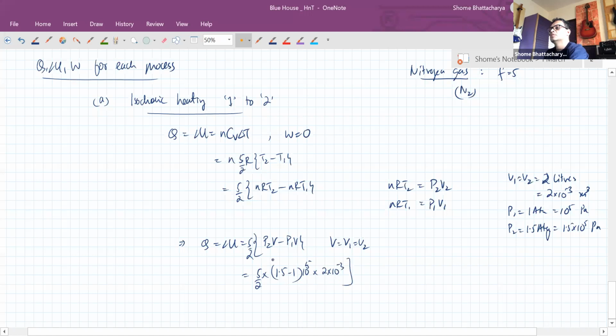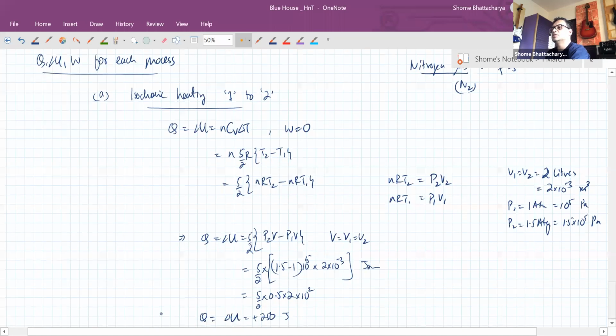And this is in joules now. So 5 by 2 into 0.5 into 2 into 10 raised power 2. So that's 2.5 into 100. So 250 joules is equal to Q, or that's the same thing as delta U for the first process, whereas W is 0.